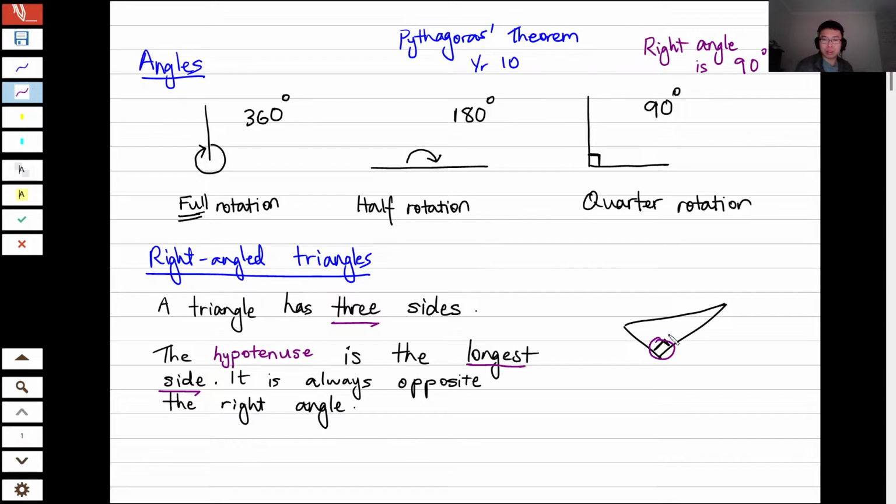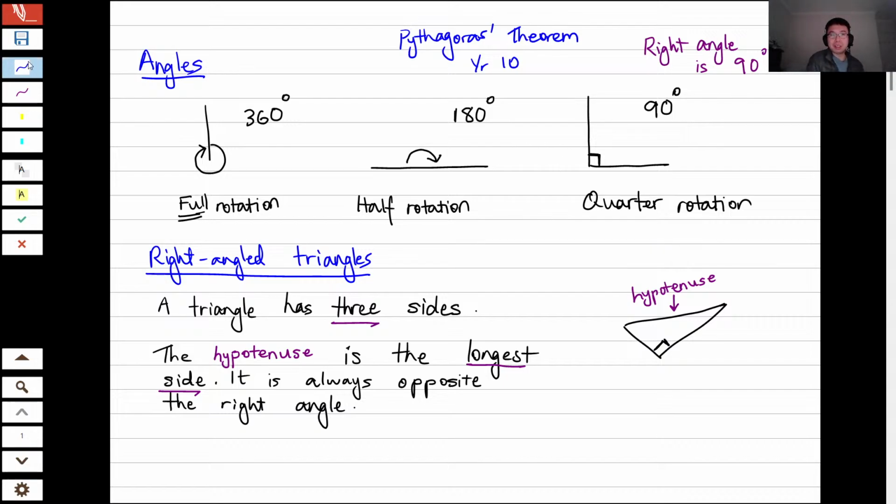And then look for the side that is opposite that angle. So in this case, this is the side that I'm talking about here. That's the hypotenuse. In other words, the biggest side is going to be opposite the biggest angle.